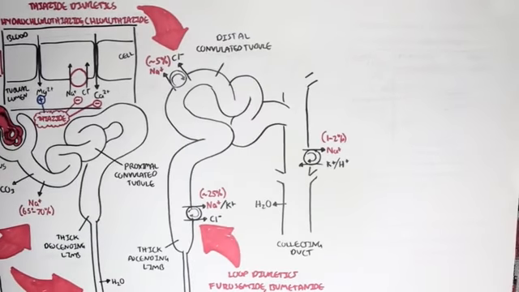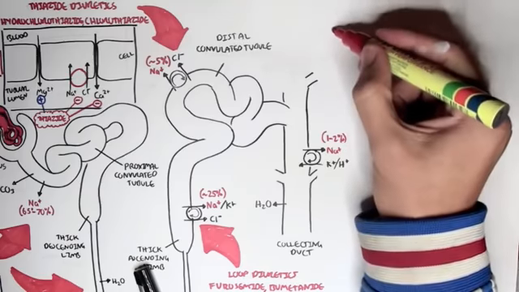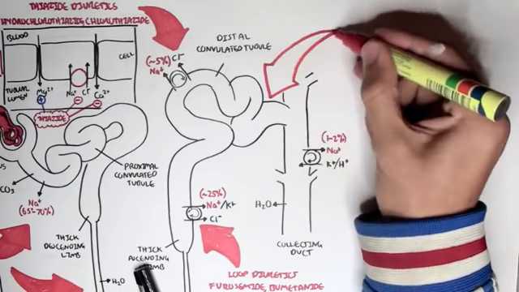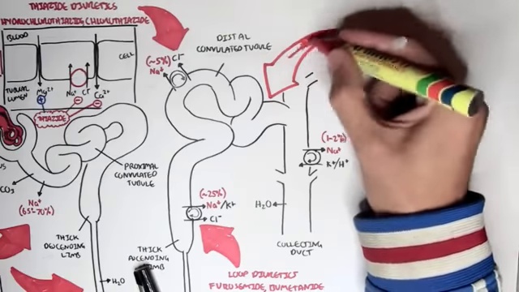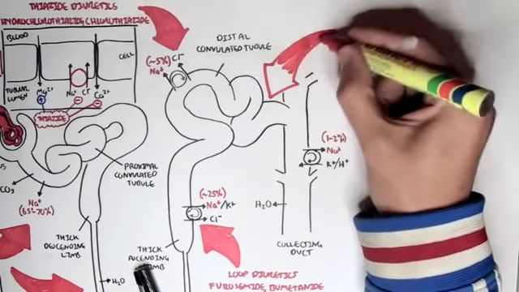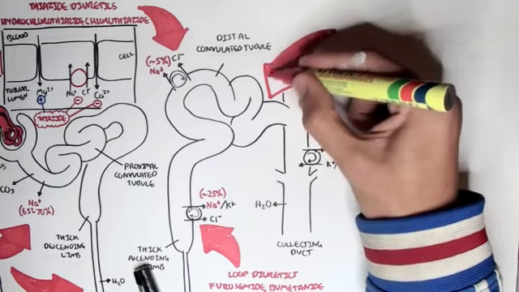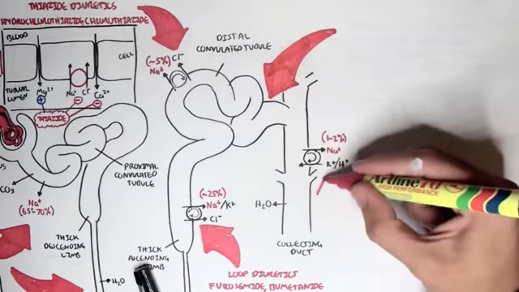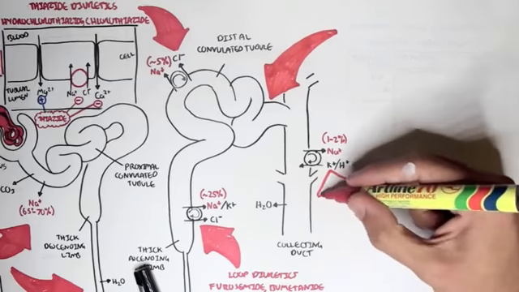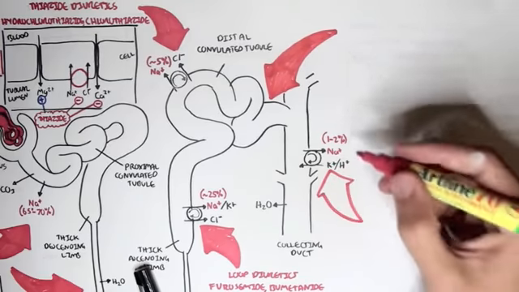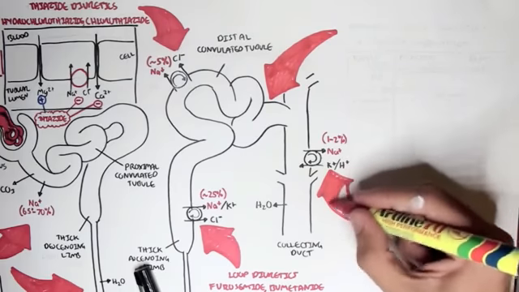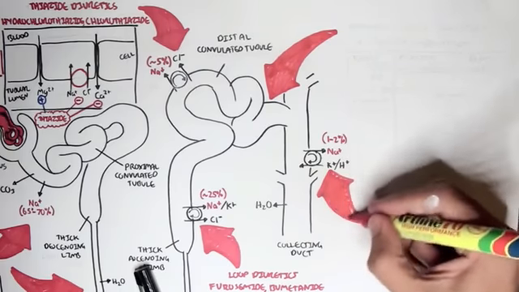The fourth major type of diuretics are the potassium-sparing diuretics, and there are two classes of these. These work in the distal convoluted tubules, the very end of it, as well as the collecting ducts. Their major goal is to decrease the reabsorption of sodium, but also prevent the excretion of potassium, hence the name potassium-sparing diuretics.